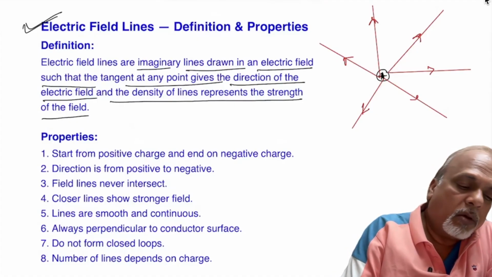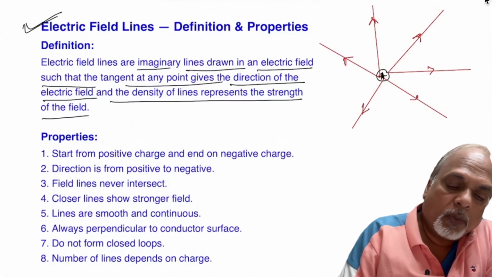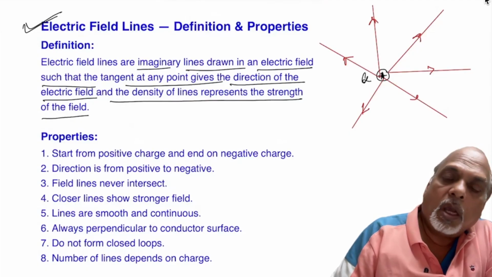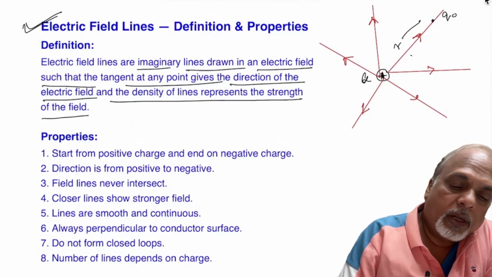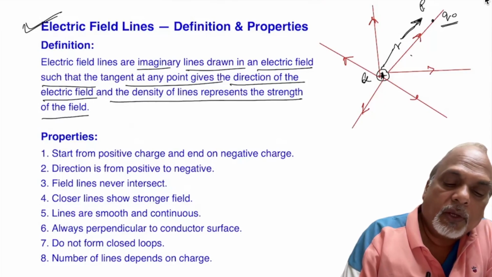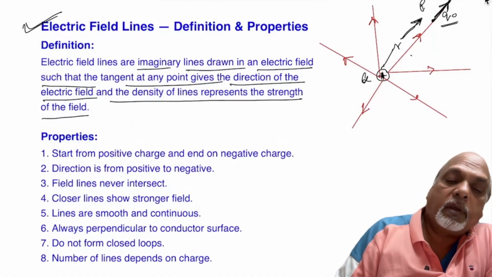Correct. Now suppose this charge is Q. If you place a charge Q0 here, and take this point as P, then naturally this Q0 will experience a force like this, in the direction of the electric field line.